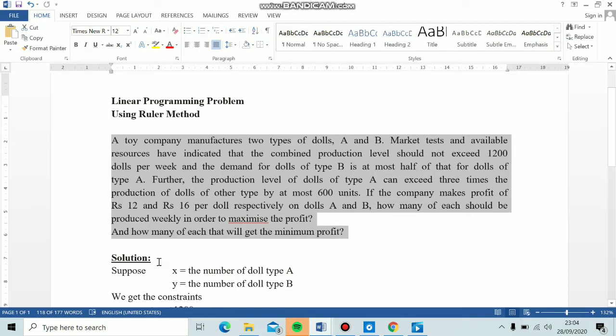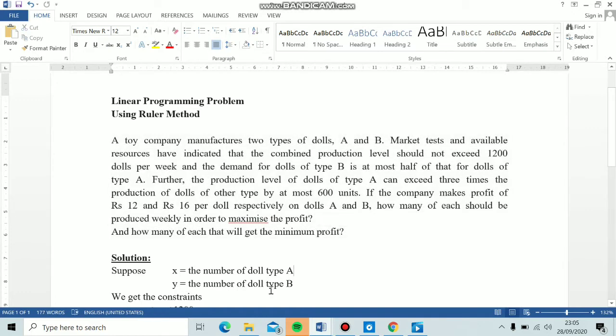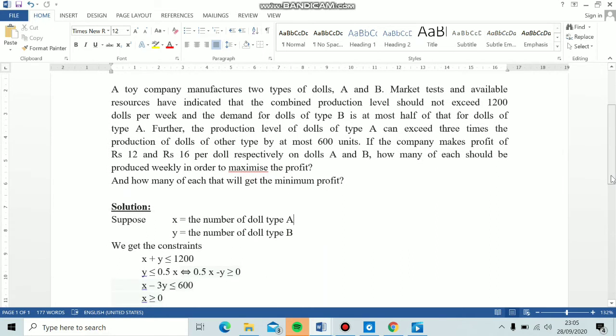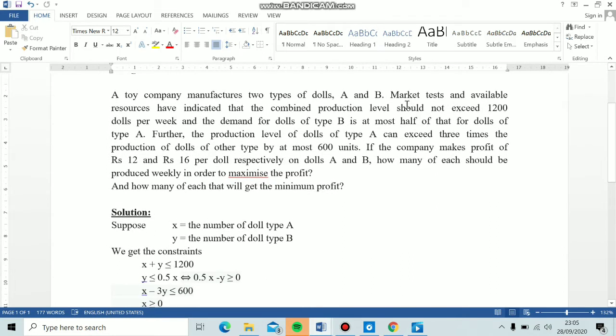Solution: the first step that we have to do is suppose x equals the number of tools of type A and y equals the number of tools of type B. And then from the problem, for every sentence we have to make a constraint.